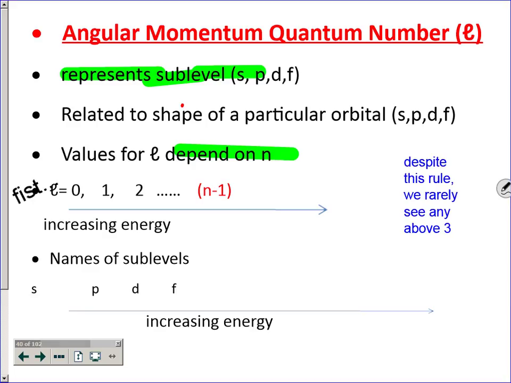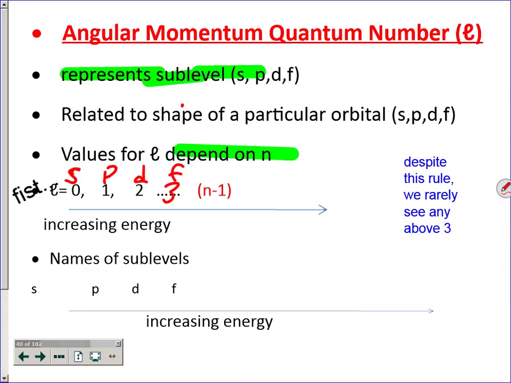So if you're talking about an S-shaped orbital, your L number is 0. If you are talking about a P-shaped orbital, your L number is 1. If you're talking about a D-shaped orbital, your L number is 2. And if you're talking about an F-shaped orbital, your L number is 3.